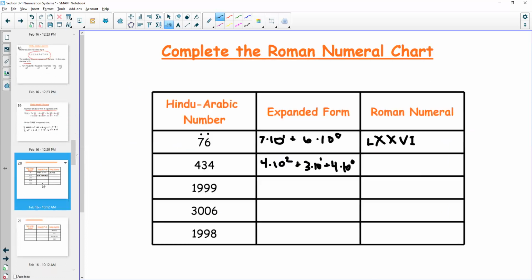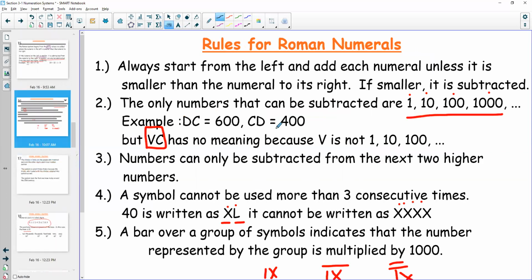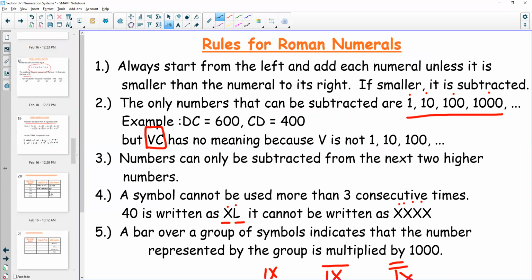Well, I can write 100 less than 500. C, D. Make sure I didn't break any rules again. All right, that's good. Got it.